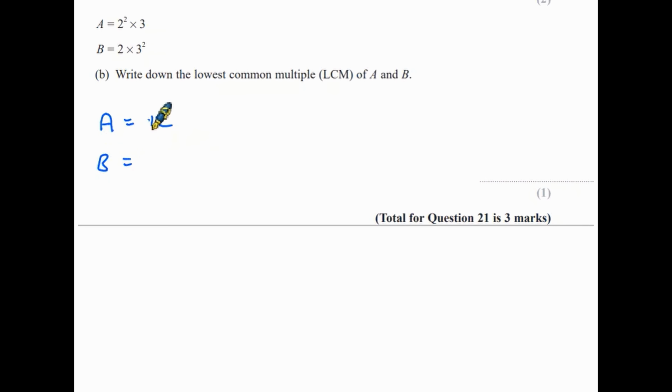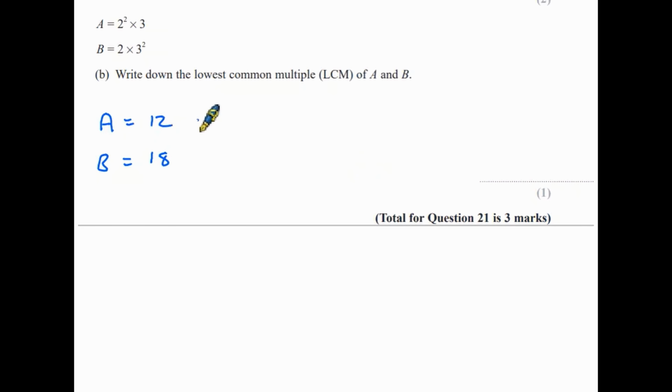B, on the other hand, is 2 times 3 squared. Well, 3 squared is 9, so 2 times 9 is 18. So to find their lowest common multiple, we need to look along the 12 times and the 18 times table.